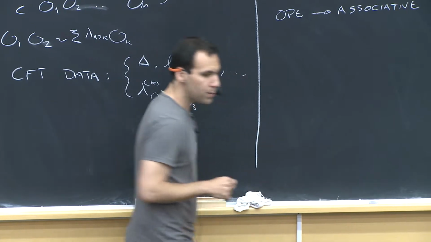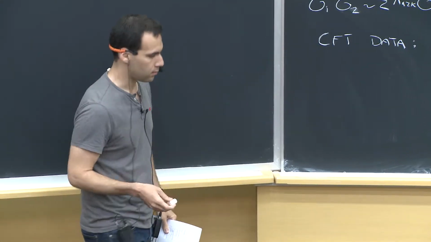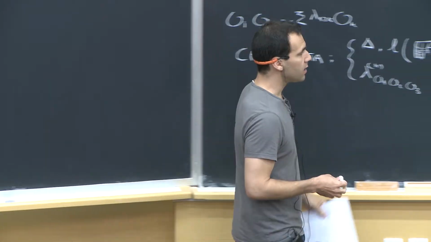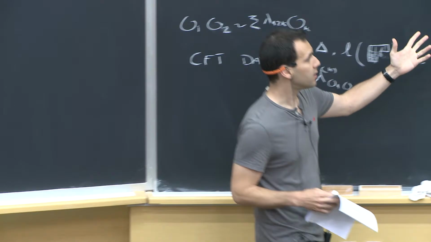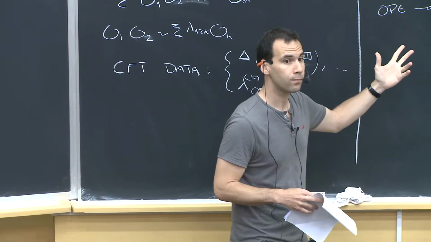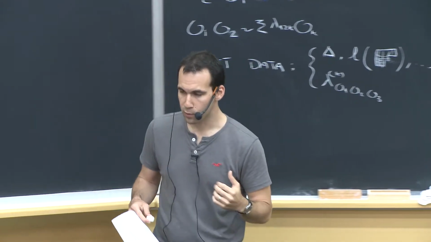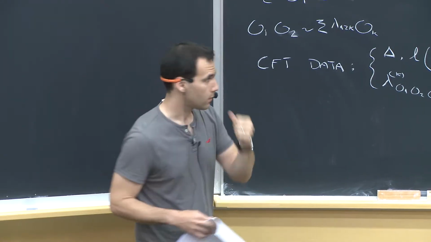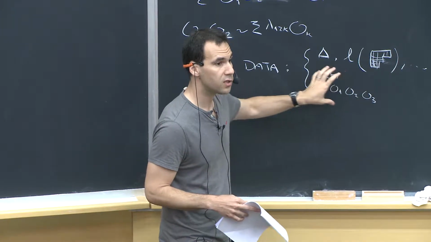So what's going to be my goal in the next 3 lectures that I will give is to show you how this constraint of associativity of the OPE together, usually we'll ask this as well, with unitarity, okay? So unitarity places certain reality conditions on these OPE coefficients.